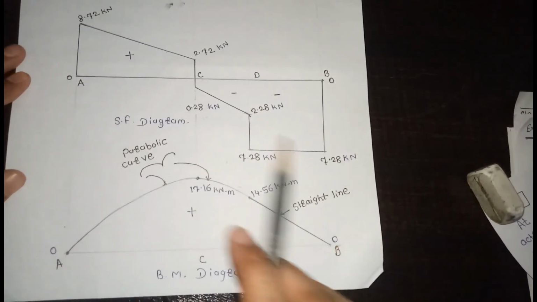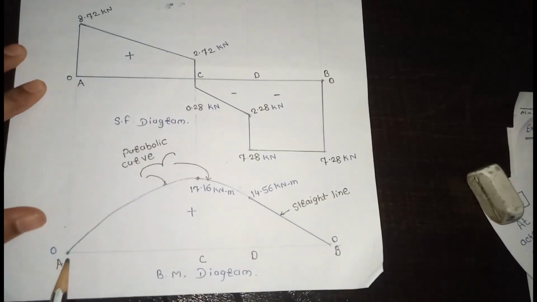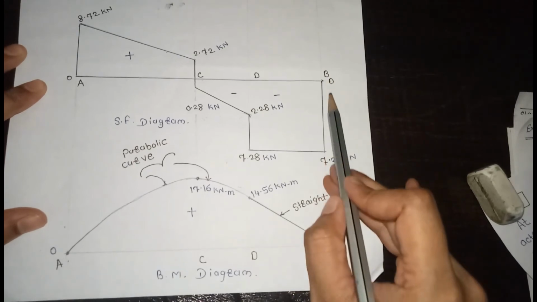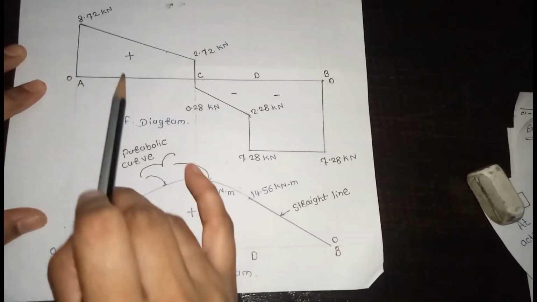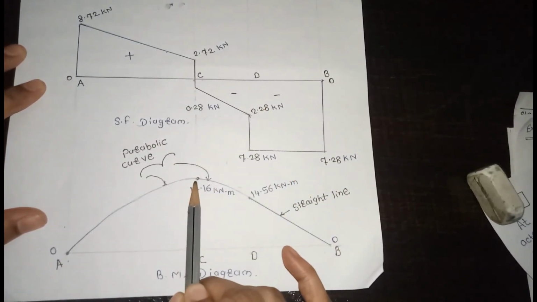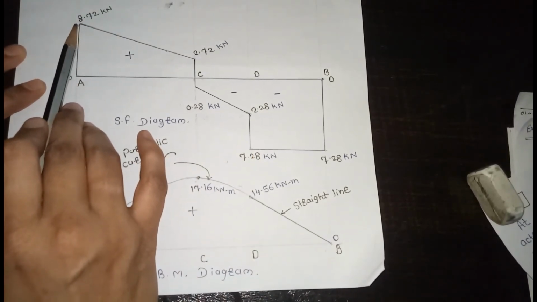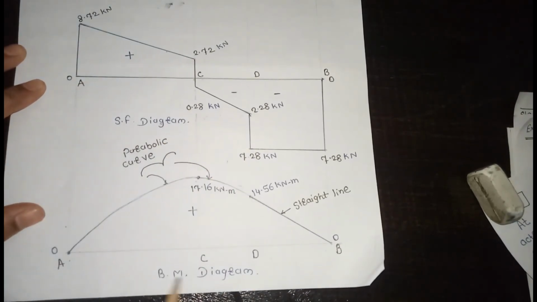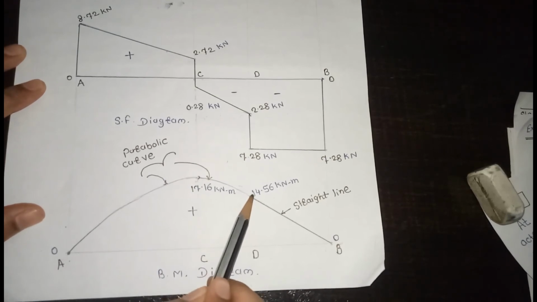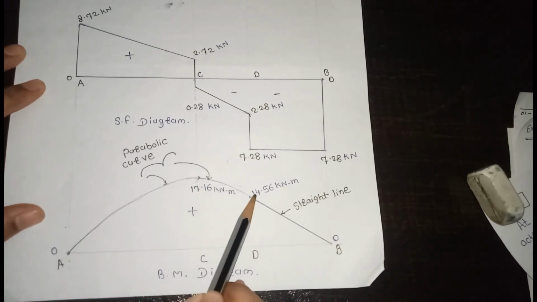In the SF diagram, when the shear force is maximum, bending moment is 0. When the shear force is 0, then bending moment is maximum. In the shear force diagram, this is the inclined line, and in the bending moment diagram, this is the parabolic curve.